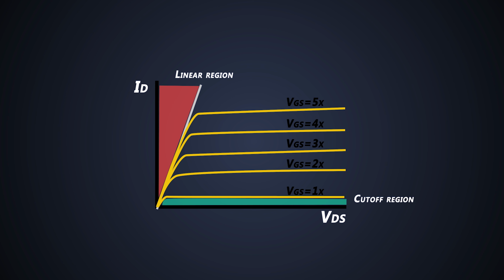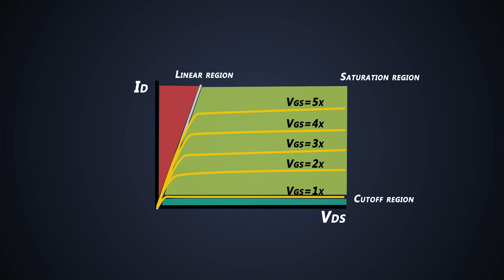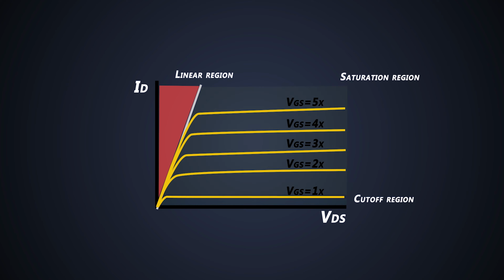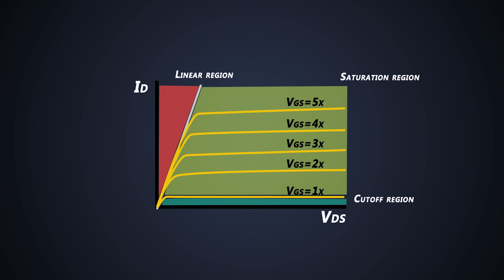This is the linear region, which is also called the ohmic region because the MOSFET acts as a constant resistance independent of the VDS. This is the saturation region where we give sufficient gate voltage to properly turn on the MOSFET. I have already mentioned in many of my previous videos that we use the MOSFET in the cutoff and saturation regions if we use it for switching applications.